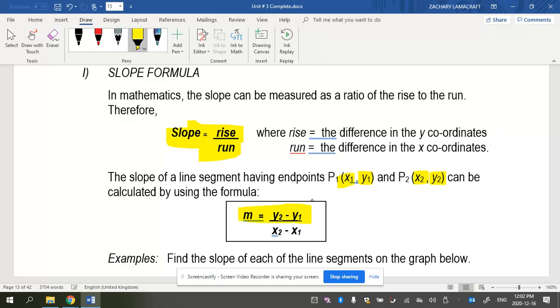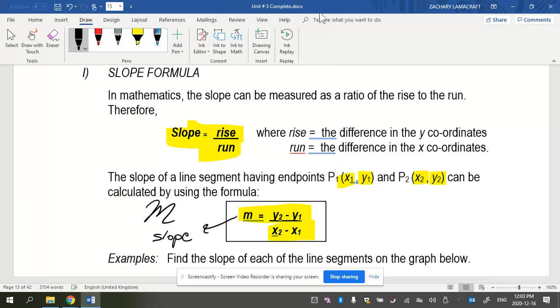So this would be your formula, and m is slope. Slope is y2 minus y1 divided by x2 minus x1.